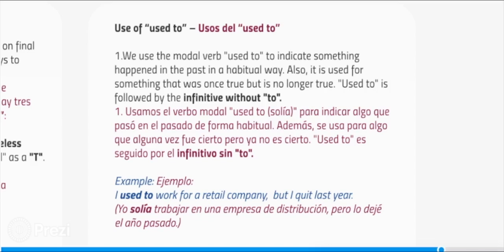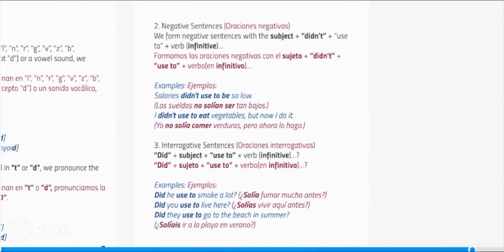2. Negative sentences. We form negative sentences with the subject plus didn't plus use to plus verb infinitive. Examples: Salaries didn't used to be so low.